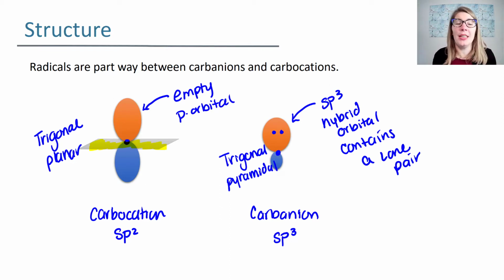So then what is the structure of a radical if it's not a carbanion and it's not a carbocation? And the answer is you would just kind of mentally meld these. But that can be hard to do. So a lot of times what we do is just kind of imagine your carbocation for your radical structure, because it's easier that way.